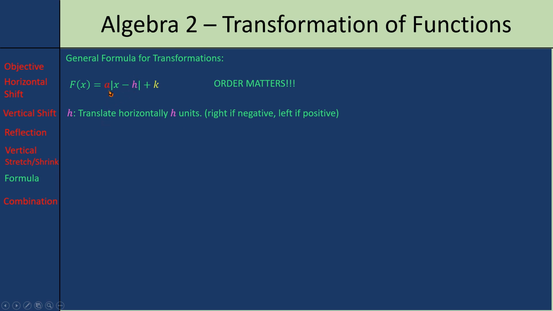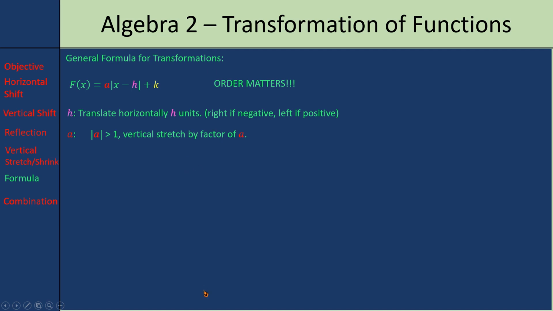And then next would be the one out here, because order of operation, multiply by a first, and then you add k. So multiply by a. Now a is a little bit confusing. There are 3 things that could be happening with a. If the absolute value of a is greater than 1, that means you ignore the sign. If it's negative, just ignore it. But the number itself, if it's bigger than 1, it's a stretch by a factor of a, because it multiplies that number. And if it's bigger than 1, the number gets bigger, so it's a stretch.